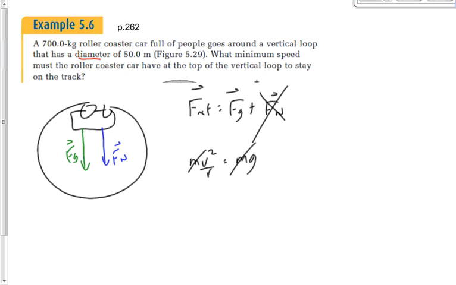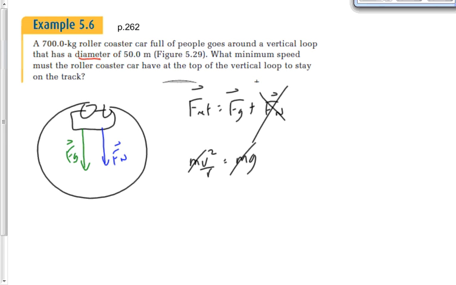You can sit beside somebody who's 110 pounds, or you can sit beside somebody who's 350 pounds. You may lose a little bit of wiggle room if you're beside the bigger person, but in the end, you have no more chance of falling out of the vertical loop when you're upside down with a 350-pound person than you do with a 110-pound person. Why? Because mass cancels.